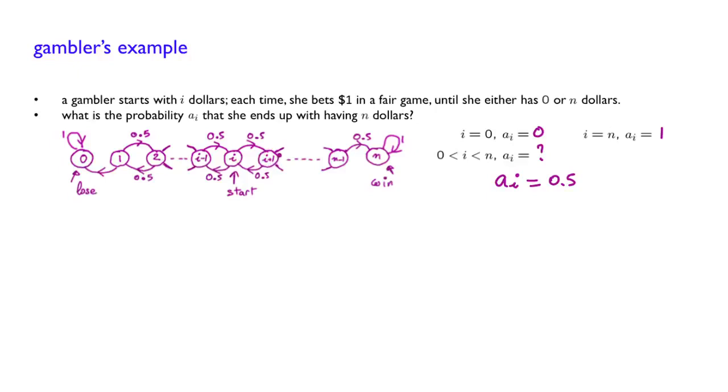And what is the probability that, given that you are here, you're going to end up in n? It's going to be a_{i+1}. Plus, the other alternative is that you are going to lose money and end up in state i minus 1. And there, the remaining probability to reach n is a_{i-1}.